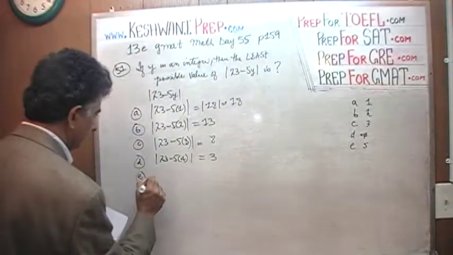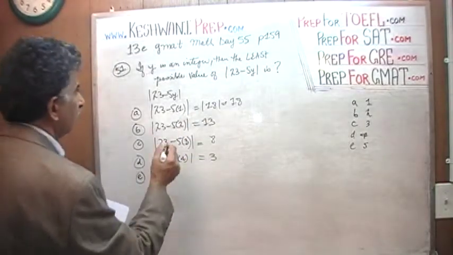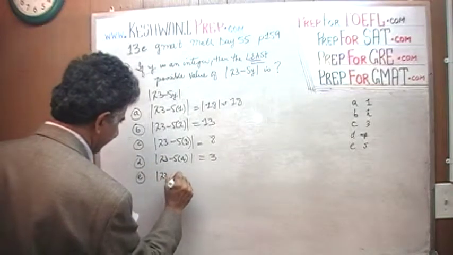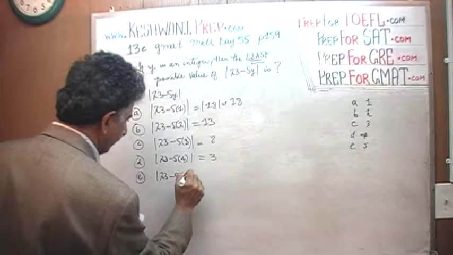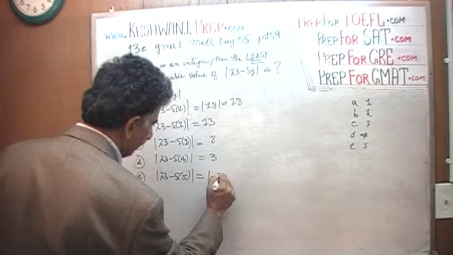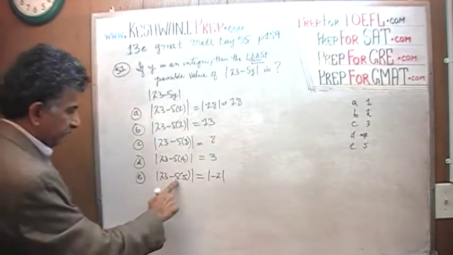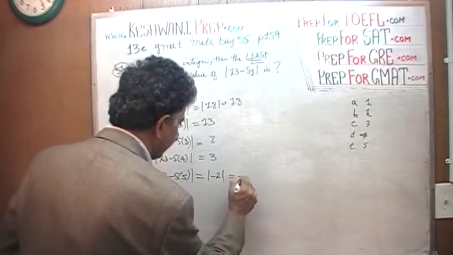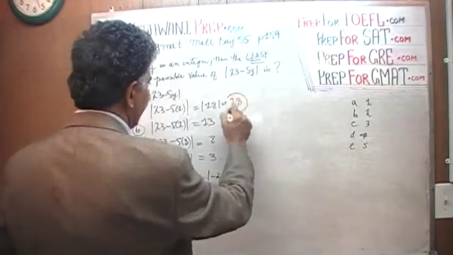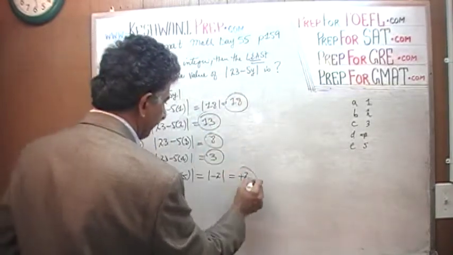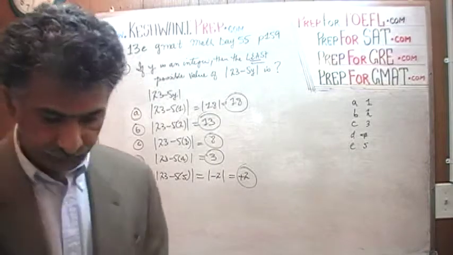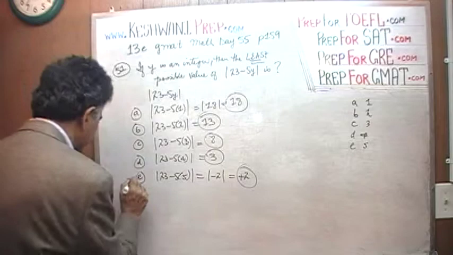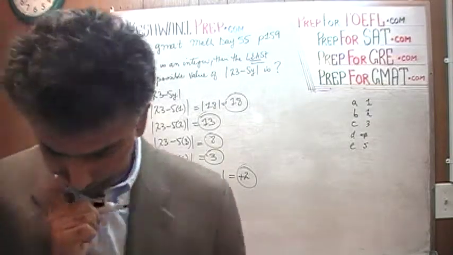And one last one, let's see what happens, because they still keep going down, and we're looking for the least possible value. So it's 23 minus 5 times 5. Now here we're going to get a negative 2 in the absolute value. 23 minus 25 is a negative 2, and the absolute value of negative 2 is positive 2. So among the 5 answers that we got here, the least possible value of the expression is E. There you go, voila, that's your answer.